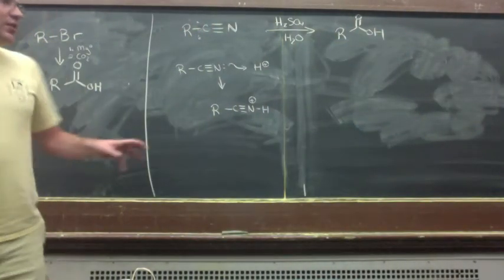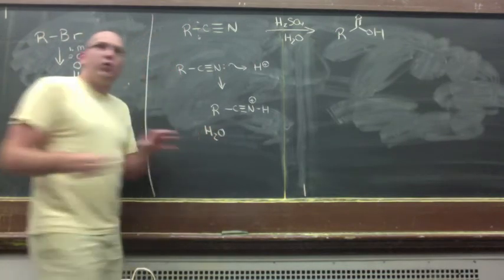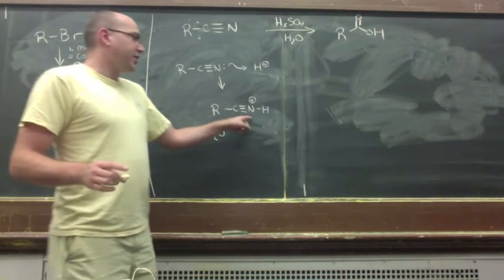The carbon. Again, a reminder to everybody, this is one of those hopefully organic 1 mistakes that you guys have all gotten through organic 1, so you're not going to make these mistakes again. You're not going to have the water attack the nitrogen and generate a Texas carbon, right?